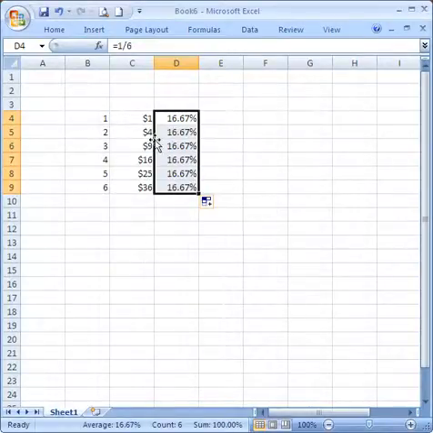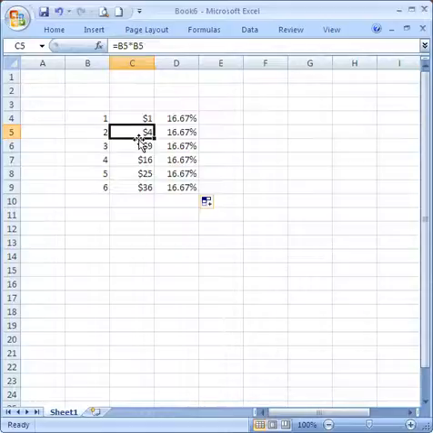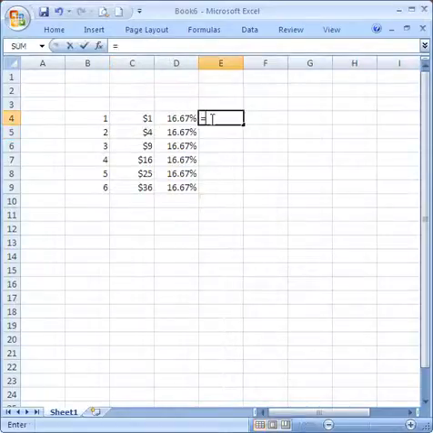Now, any of these numbers, say $4, is an amount we might get paid. But we get paid this amount only this percentage of the time. When we play, we don't expect to get the full $4, we expect to get 16% of it. So in this column, we'll calculate the percent of each of the possible winnings.